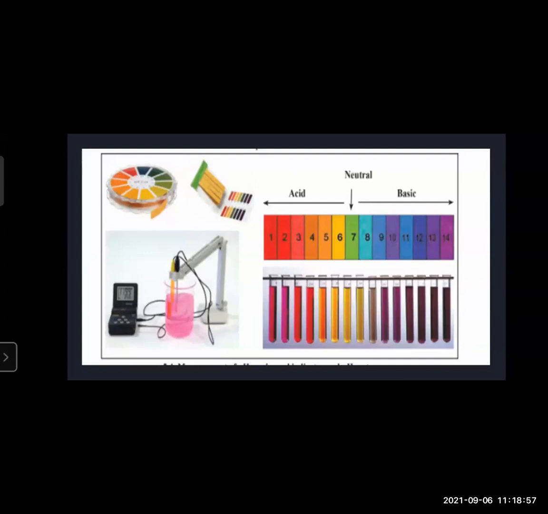For a basic solution, the pH is greater than 7. When you move right, 8, 9, 10, 11, 12, 13, 14, and check that particular solution against these numbers or colors, you immediately know it is a basic solution.